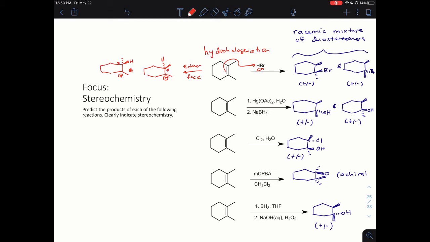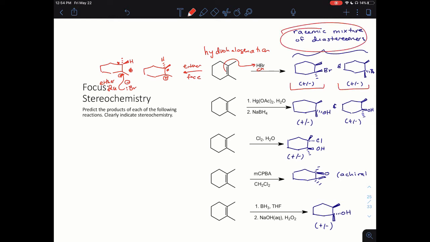And then now to these flat carbocations, we again can have addition to either the top face or the bottom face of the carbocation. So for each of these two carbocations, we can have addition to either face, and that ends up giving us a racemic mixture of diastereomers.